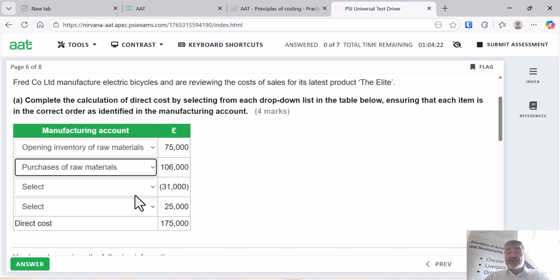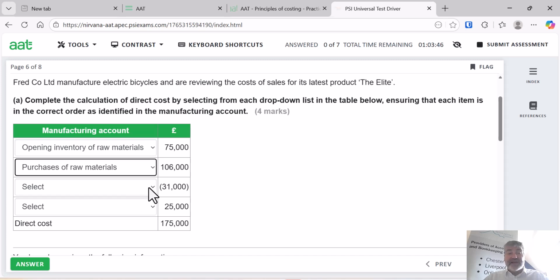But did we issue all £181,000? Well, if we have any inventory of raw material left in our stores at the end of the period, clearly we didn't. So what we need to do is deduct the value of any closing inventory of raw material from our £181,000, and that must give us the cost of materials that were issued to the manufacturing process, the production process in the period.